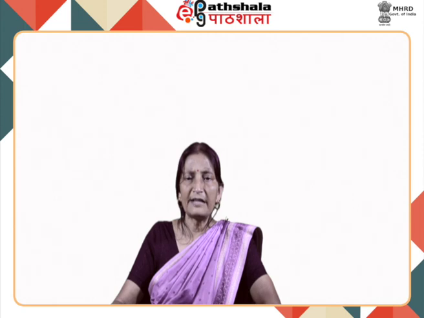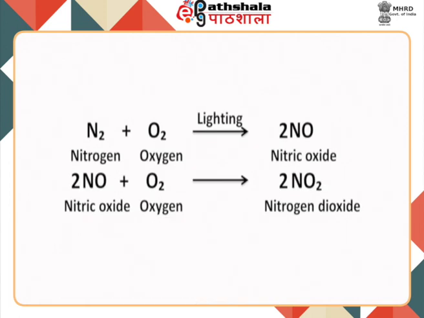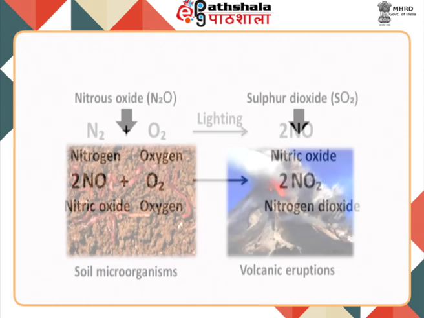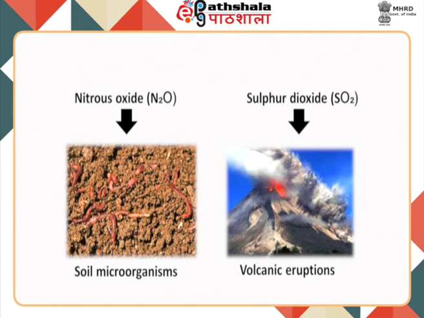There are several natural processes by which nitrogen oxides enter the atmosphere. This could be by lightning strikes due to thunderstorms to form nitric oxide, which further reacts with oxygen to give nitrogen dioxide. Nitrous oxide is released due to the action of soil microorganisms.